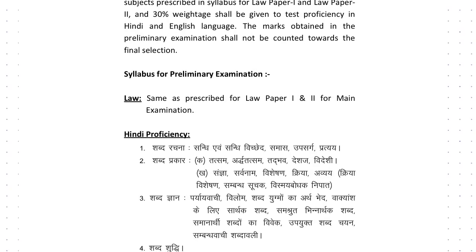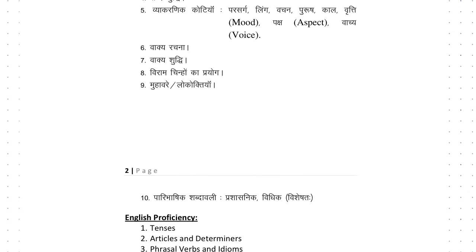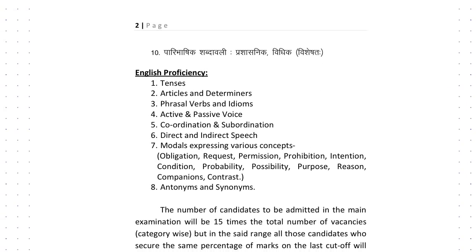In the preliminary exam, there are law papers, and then they test your Hindi proficiency and also your English proficiency based on tenses, active passages, verbs, idioms. All of these you would have probably cleared already, because now we're talking about the Rajasthan mains.